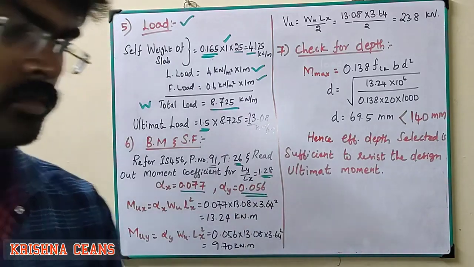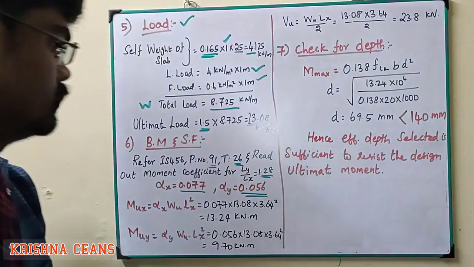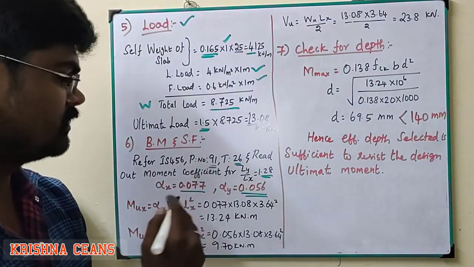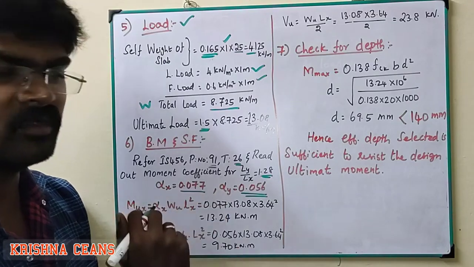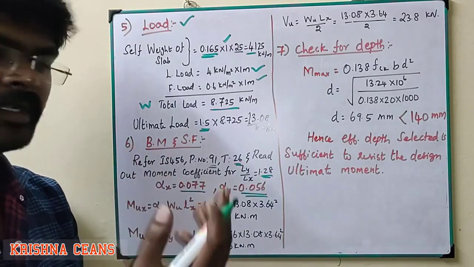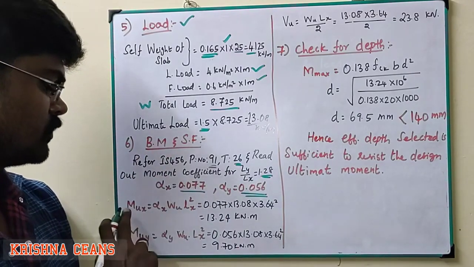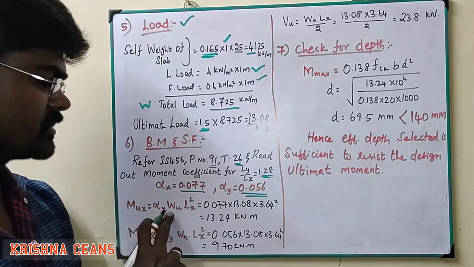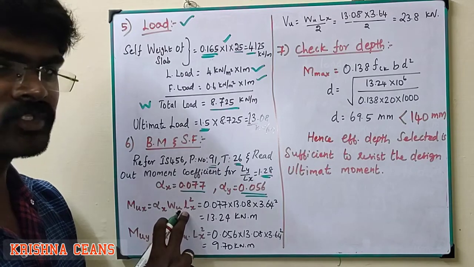So from the IS 456 we got the value of alpha x and alpha y. Now the moment formula is alpha x, moment about x axis, alpha x into Wu into Lx square.